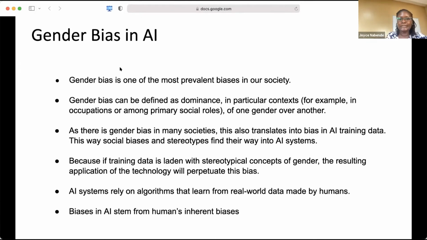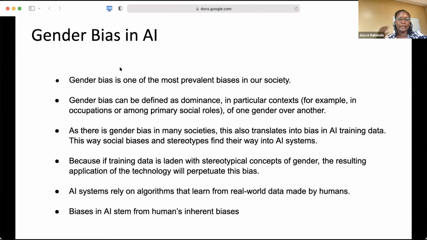So as Agnes has said, usually the bias comes from us, ourselves as human beings. So there's already gender bias in our societies. And because we pick up the data that we are going to use to train our AI models from the societies that we are living in, this will translate the bias into the AI training data. And so that way we have the social biases and stereotypes, and they end up finding their way into AI systems.